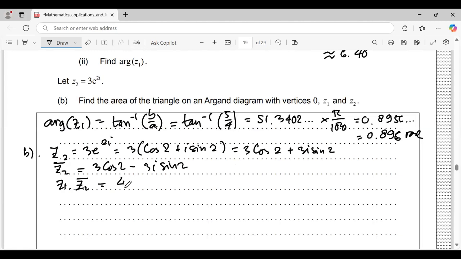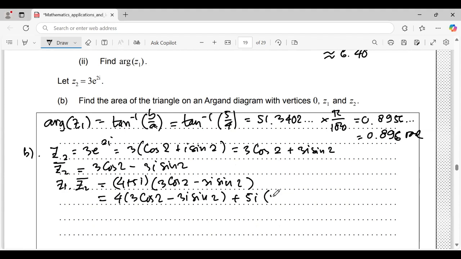So Z1 is 4 plus 5i, times 3 cosine 2 minus 3i sine 2. So 4 times 3 cosine 2 minus 3i sine 2, plus 5i times 3 cosine 2 minus 3i sine 2.